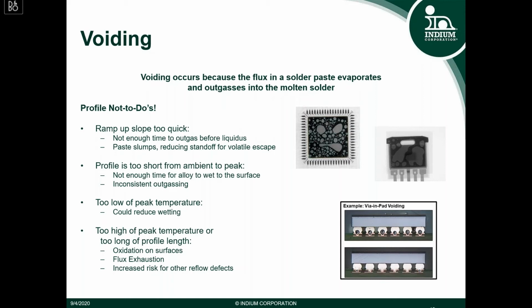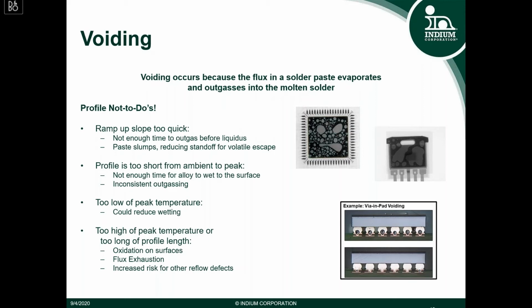However, if the profile is too short, from the ambient temperature to the peak temperature, you're not allowing enough time for the alloy to wet to the surface. And you can get some inconsistent outgassing as well. If you have too low of a peak temperature, it could also reduce the wetting of the surface.